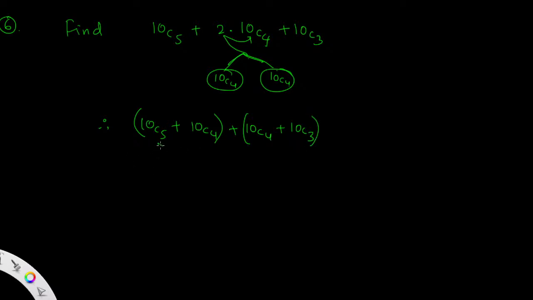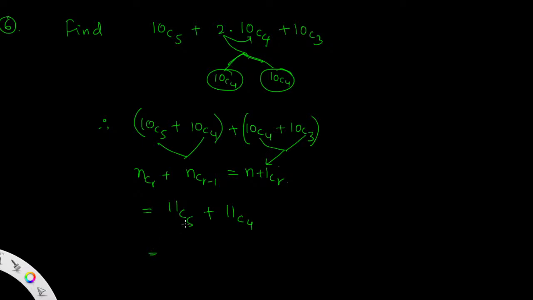Again in the form of the formula nCr plus nC(r-1) equals (n+1)Cr, we can write 11C5 plus, similarly, the same formula, we get 11C4.